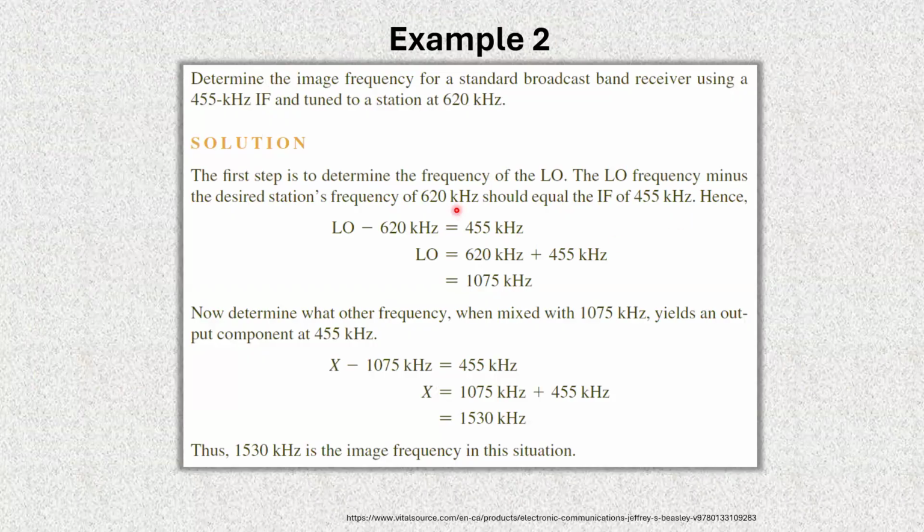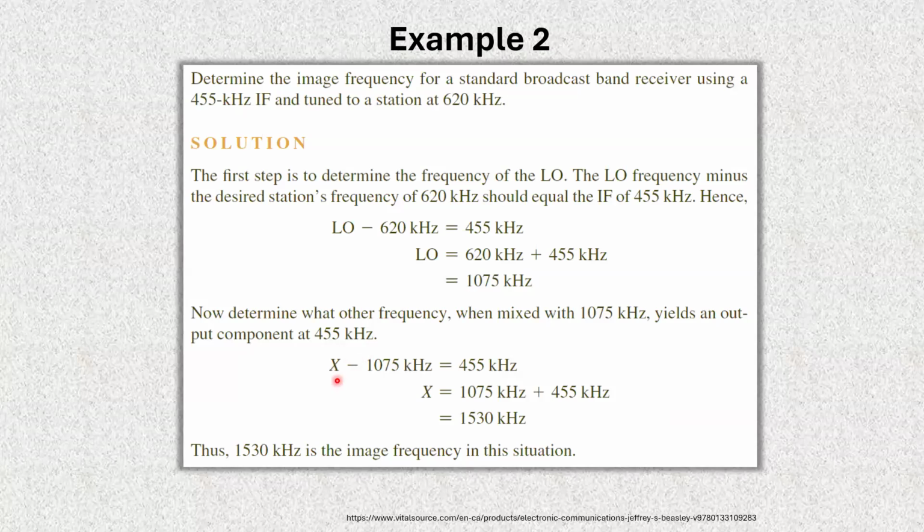There we go. By rearranging the equation, we come up with this frequency. Now we have to determine what other frequency, when mixed with that, is going to give us the same result.